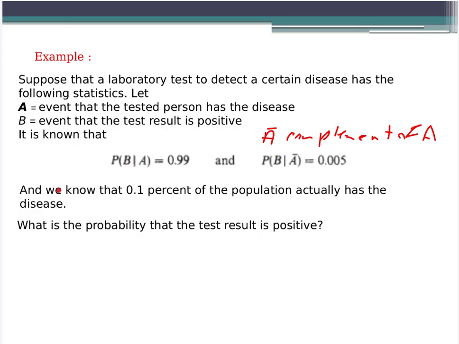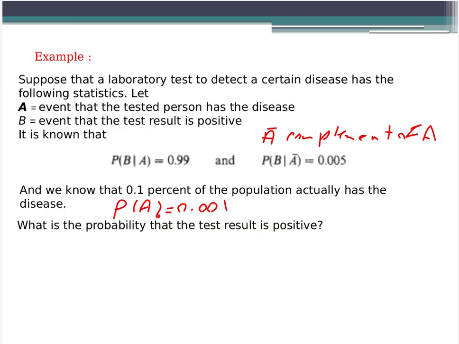And also we know that 0.1% of the population actually has the disease. It means that the probability that a tested person has the disease is equal to 0.001, because 0.1% of the population actually has the disease.